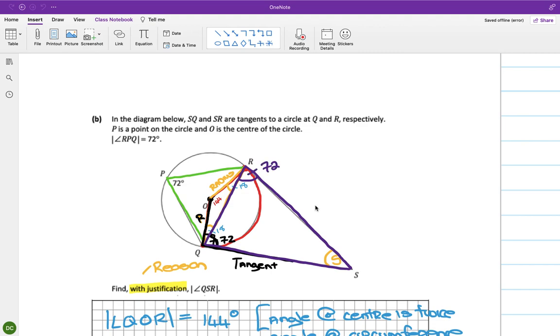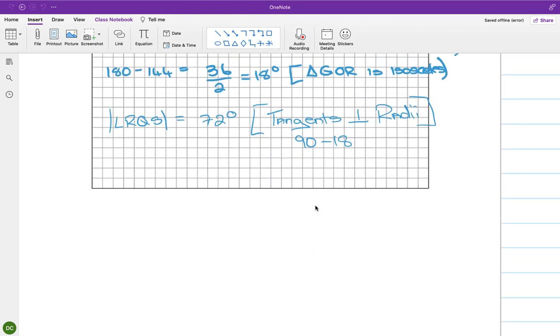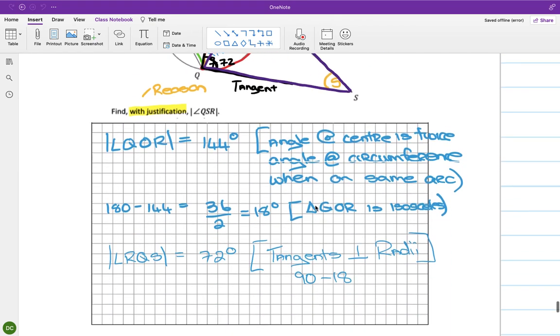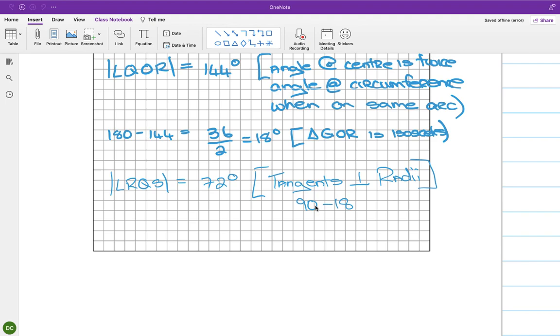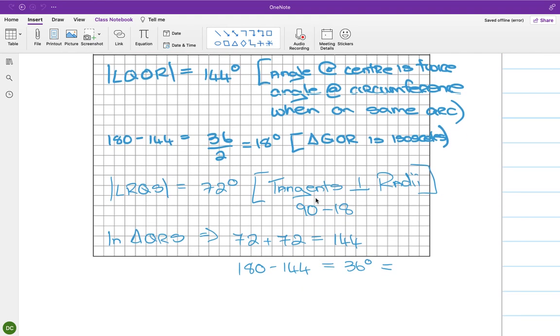Now you have a purple triangle where you know two of the angles, they're both 72. So add them up and take away from 180. So in triangle QRS, we have 72 plus 72, which is 144. 180 minus 144 is 36. And 36 is the angle we were looking for, which is QSR.